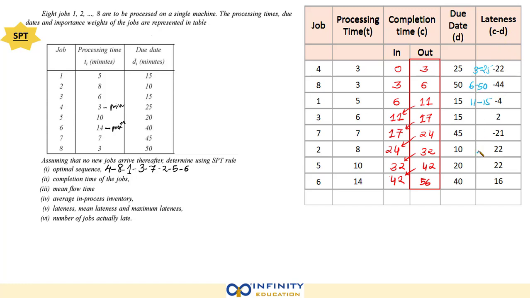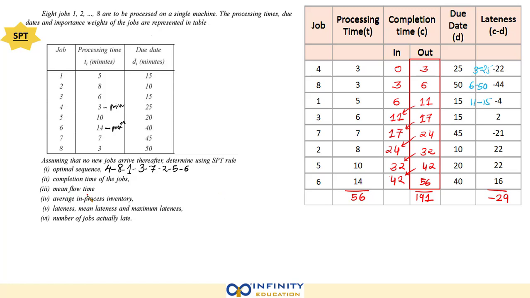Likewise, we have calculated lateness for all the jobs. Now we will take the sum of all the processing times, which is 56. We will take the sum of the completion times, which is 191. Same we will do for lateness, which is minus 29. This will be used in calculating the different parameters.